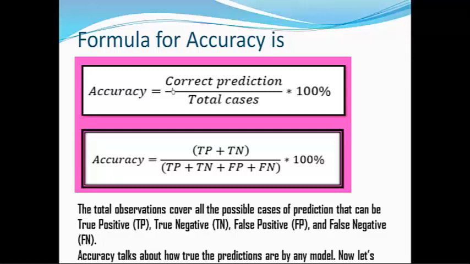So TP, true positive, plus TN, true negative, by all the cases. So true positive plus true negative plus false positive plus false negative, into 100. The total observation covers all the possible cases of the prediction. That can be true positive, true negative, false positive, and false negative. Now, accuracy talks about how true the predictions are by the model. Okay, so that is the thing.